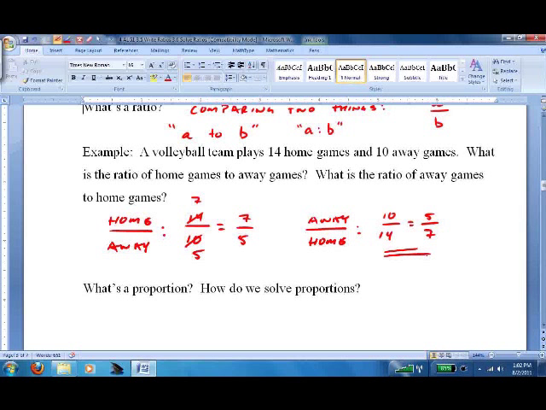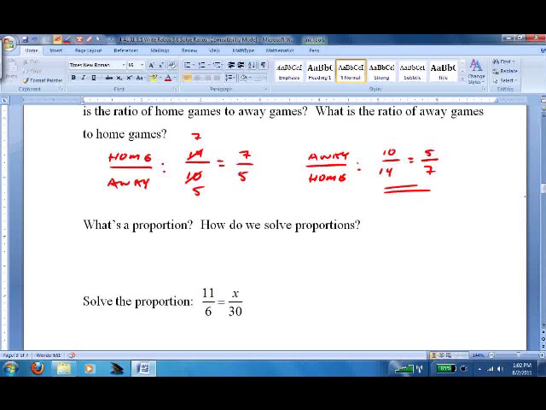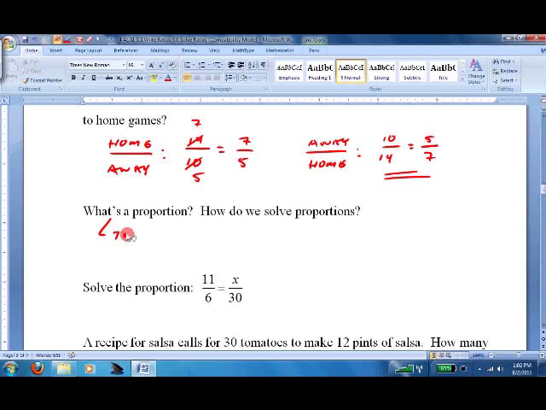So ratios and proportions are basically another type of fraction. They're a little bit easier to handle than fractions, but you have to know what you're doing. So a proportion, those are just ratios, are two ratios. Generally, they're equivalent.